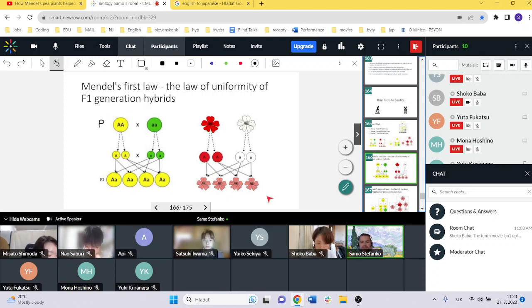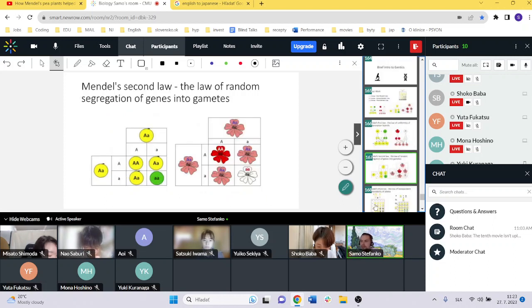In the second filial generation, the plants showed variations from their parents and from each other. So we call it segregation. There are differences between offspring and differences between offspring and parents.